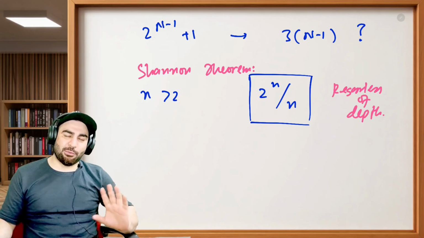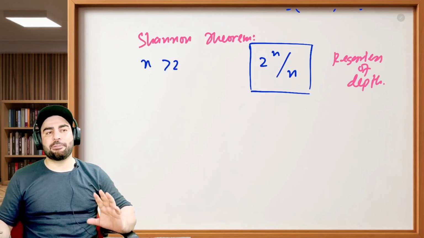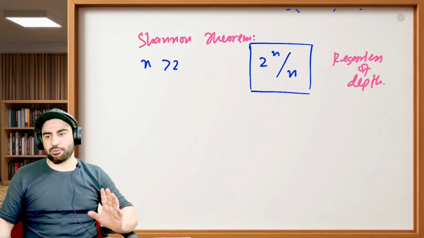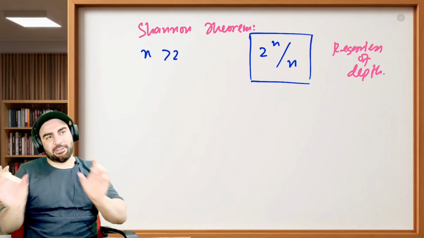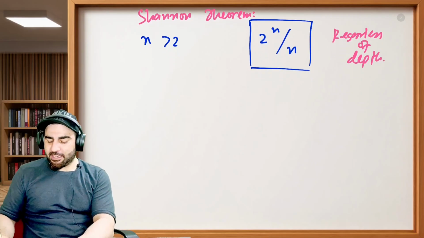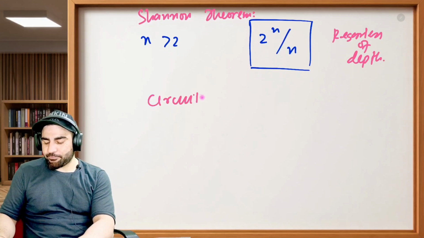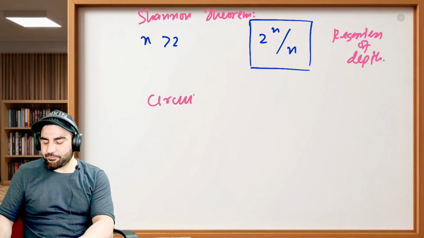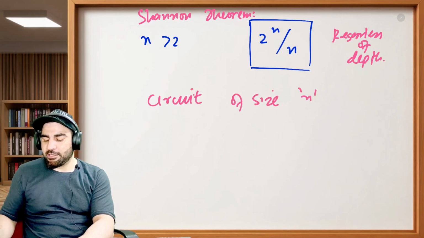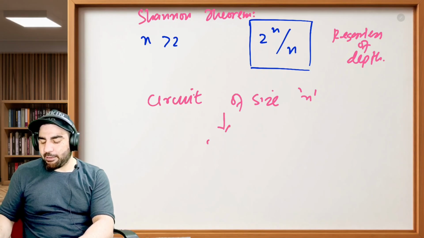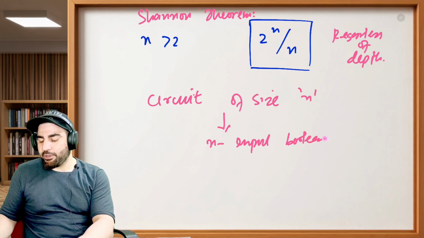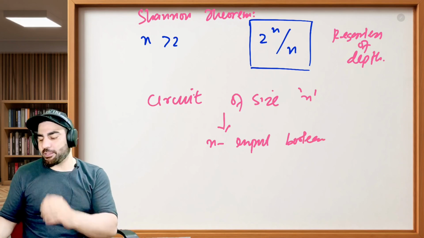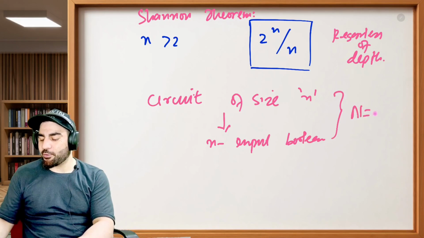As I said, one more thing is that if we have a Boolean function with n inputs, and if we could have a circuit of polynomial size for it, then basically you are proving P is equal to NP.